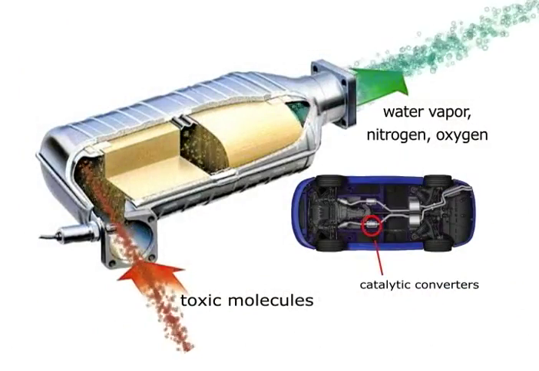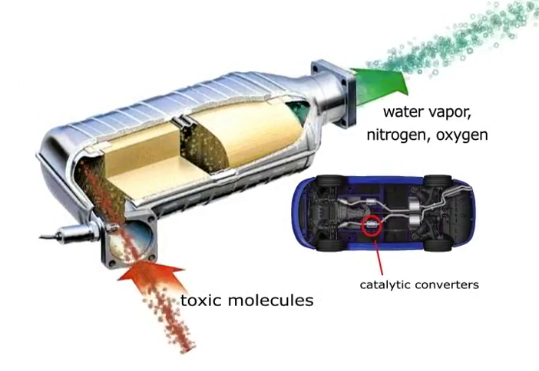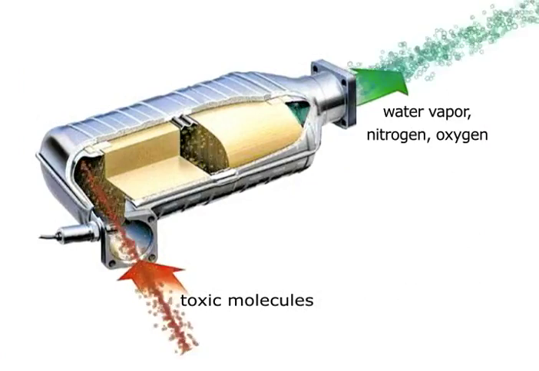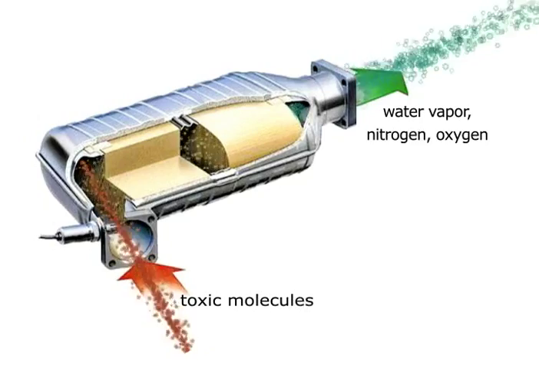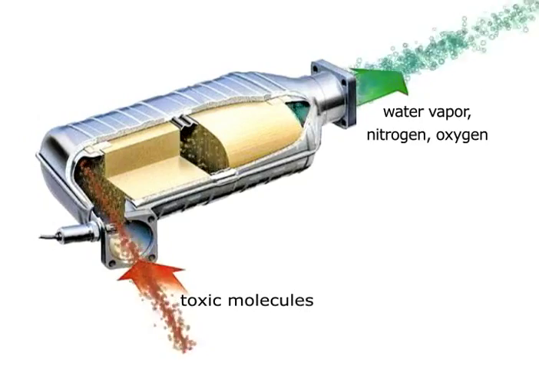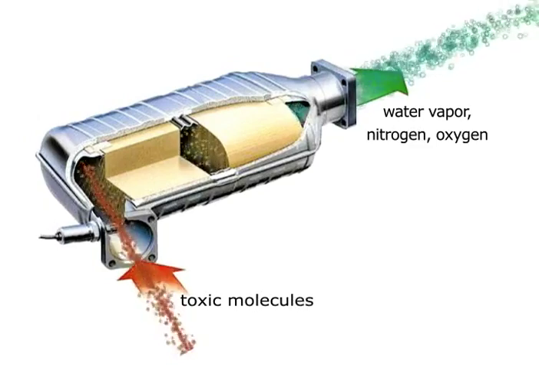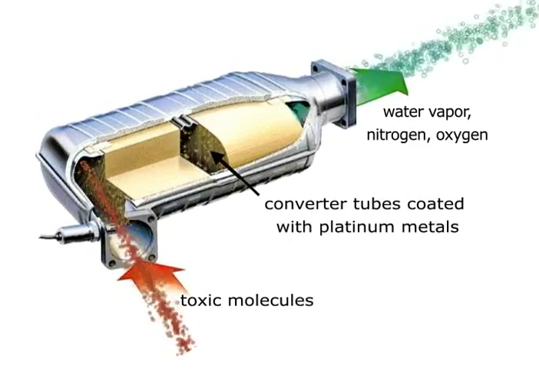A hot catalytic converter converts toxic gas molecules into water vapor and oxygen. Unburned toxic nitrogen oxide molecules enter the tubes in the catalytic converter, which are coated with a noble platinum metal, like rhodium.